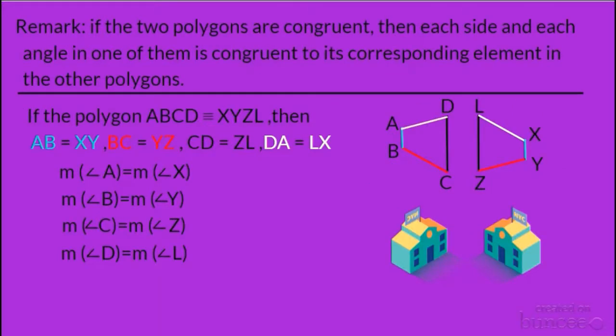Remark number two: if the two polygons are congruent, then each side and each angle in one of them is congruent to its corresponding element in the other polygon.